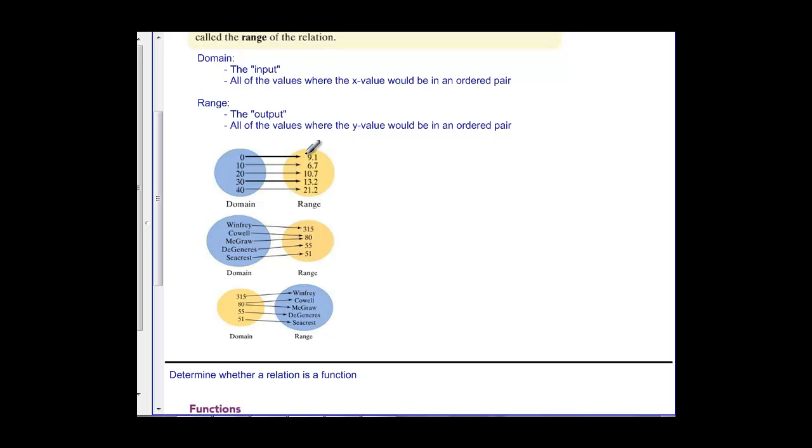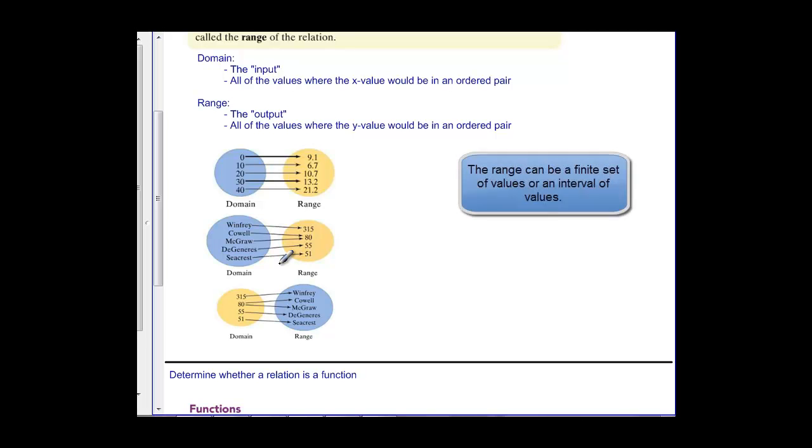Or it can be a range, meaning it could be all positive numbers, or all numbers greater than 0. Also, your domain and range don't necessarily have to be numbers. It can be names, shapes, colors, really anything.